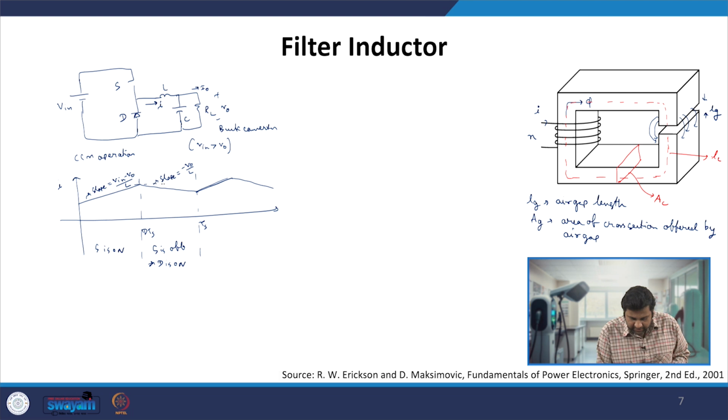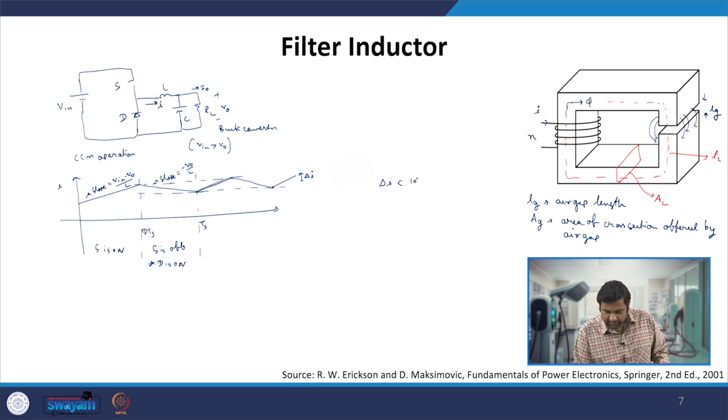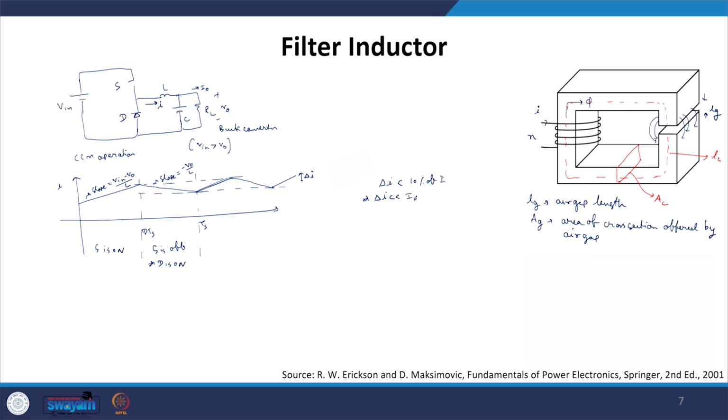Now if we look carefully at the ripple content in the inductor, this ripple content is delta I. Generally delta I is less than 10% of I, so delta I is very much smaller than I naught.